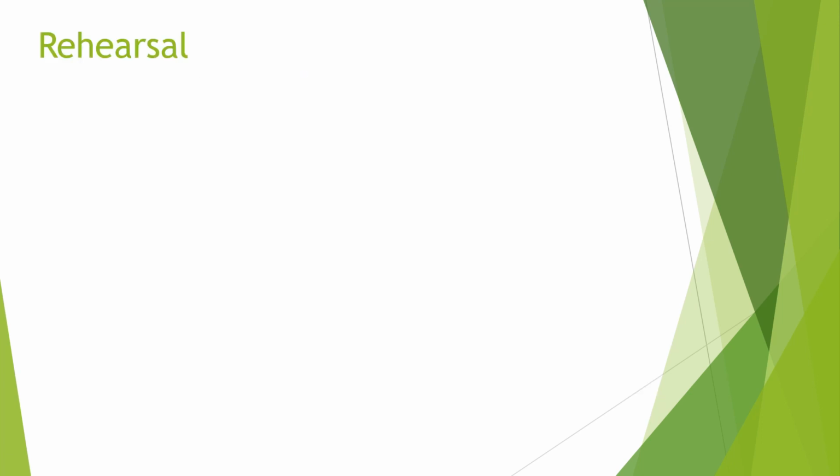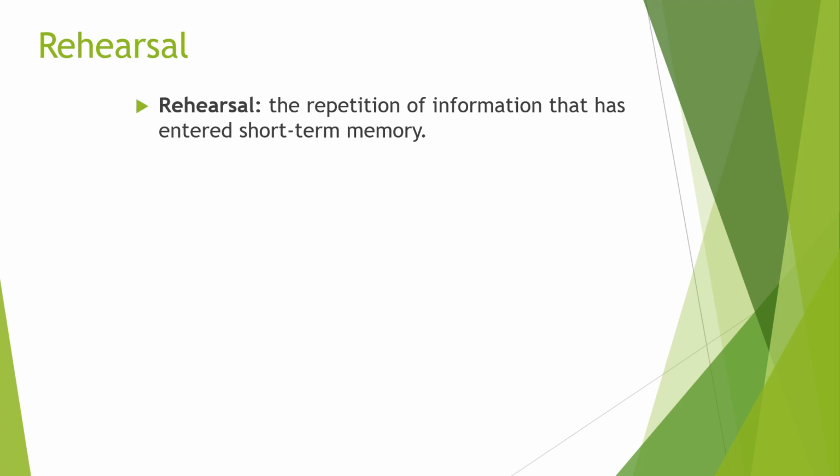Now, we had mentioned, and I think I had said this in that flow chart a couple of slides back, that one way to get information in short-term memory into long-term memory is to rehearse that information. So you may repeat it over and over again. So rehearsal is the repeating of information that has entered short-term memory.